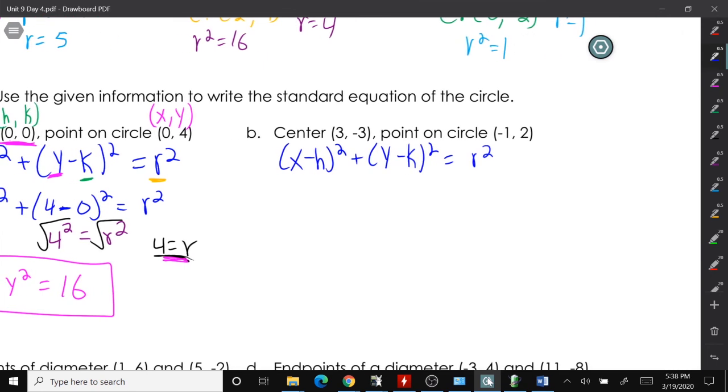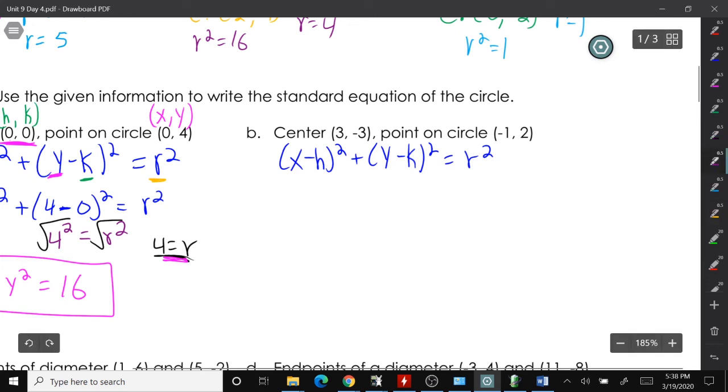Now, you could say, well, can't we just do the distance formula between the center and the point on the circle to get the radius? Yes, you can do that, but I know how much you guys despise the distance formula. So I come up with another way that will hopefully make things a little bit easier.